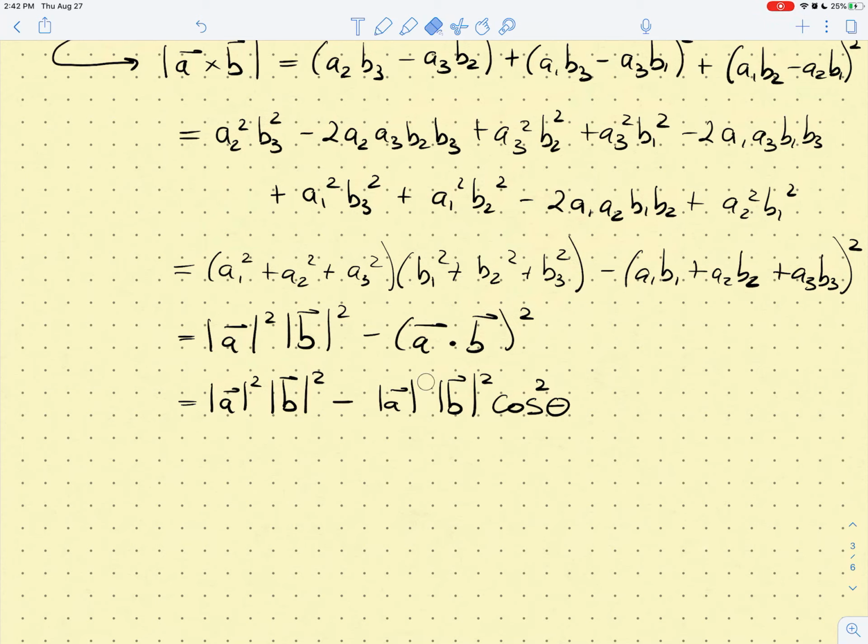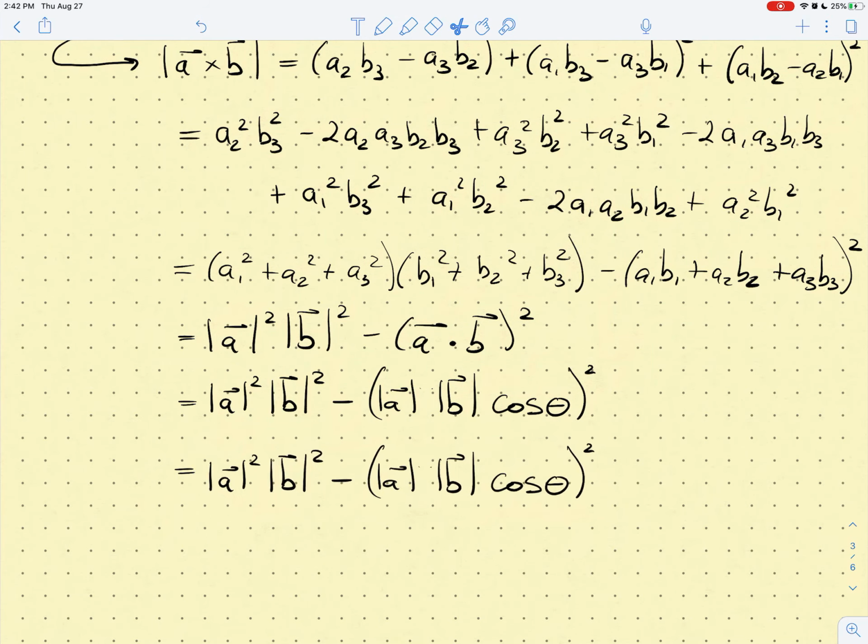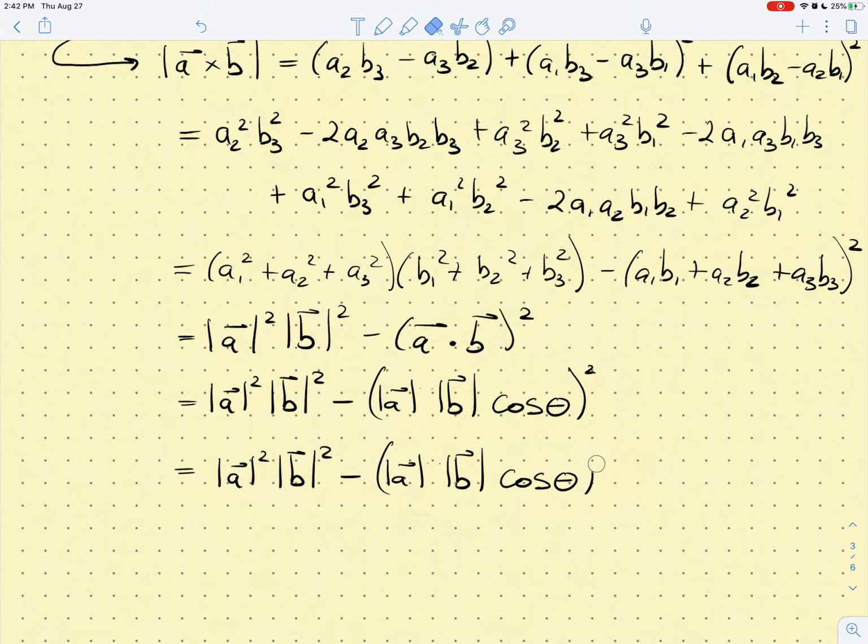Really, if you wanted, let's get rid of the squares, and let's say it's all squared. And then we'll write it again and push it in just to be crystal clear. So now we're here, and now we can get rid of the square on the outside, and we can say, all right, that's a square, cosine squared theta.